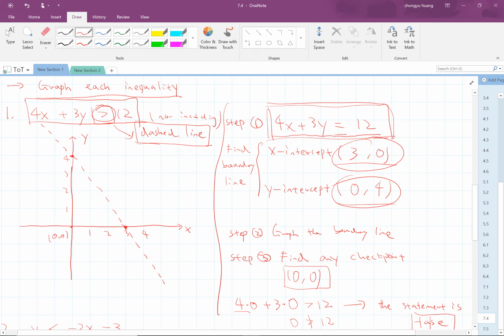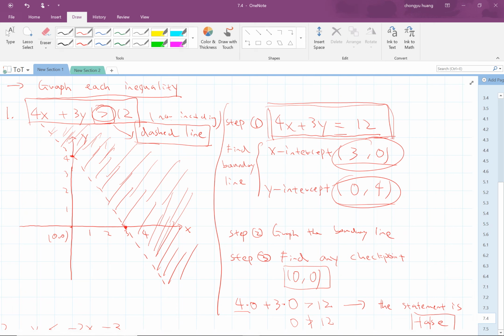So you have to shade this part. That's basically all the steps, I think. You have to shade all the parts over here, something like this.